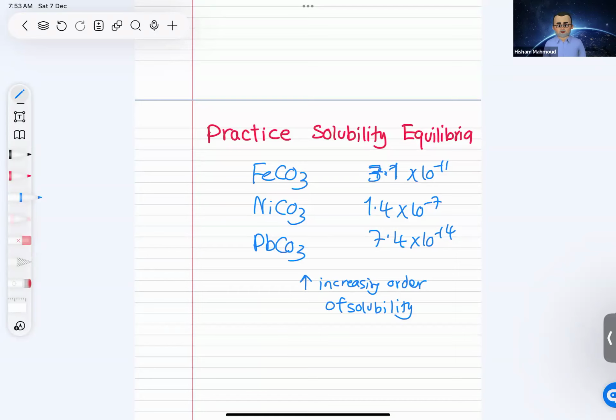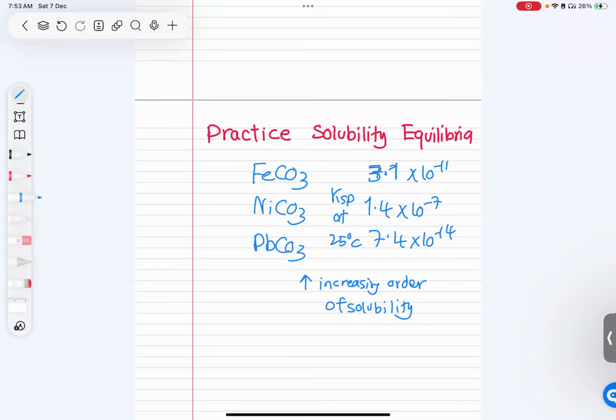He is giving the Ksp of each one at the same temperature. The most soluble, which is the biggest number here? NiCO3.